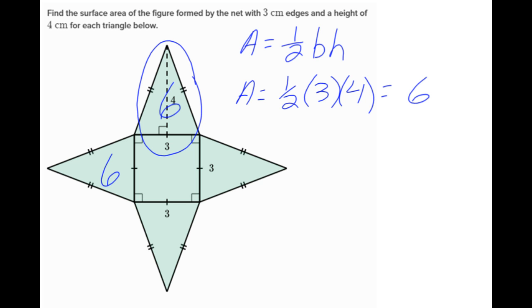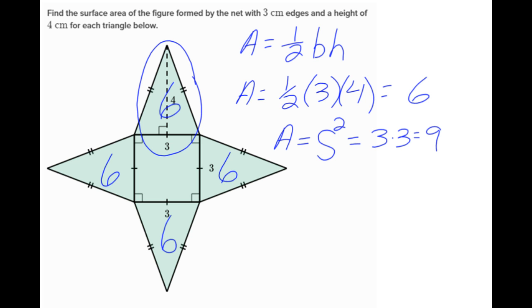This one would be 6. This one would be 6. And that one would be 6. The area of a square is equal to S squared. It is the side length squared, which means, in this problem, 3 times 3 is 9.